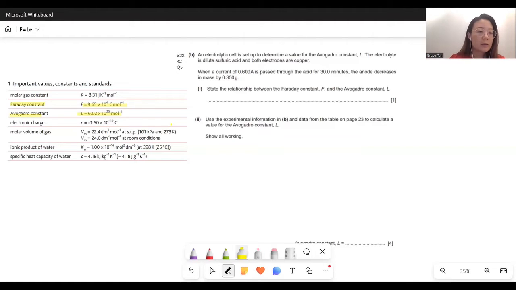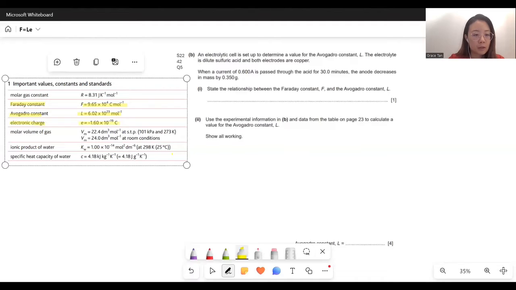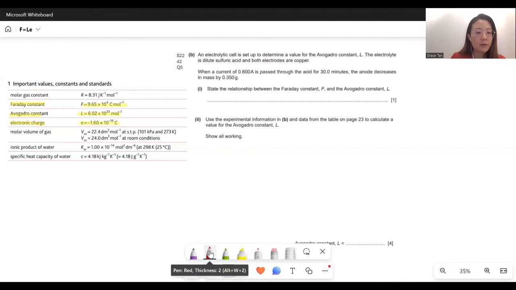The next number that we're going to look at is the electronic charge, which is alphabet E. This is the charge carried by 1 electron. So these 3 numbers are provided, and the formula is F equals to LE.